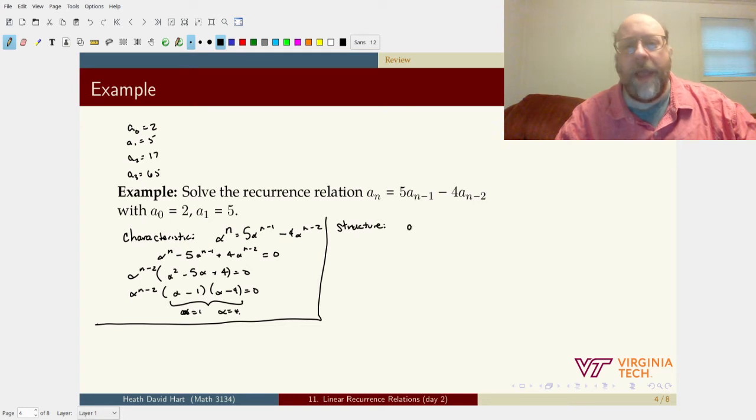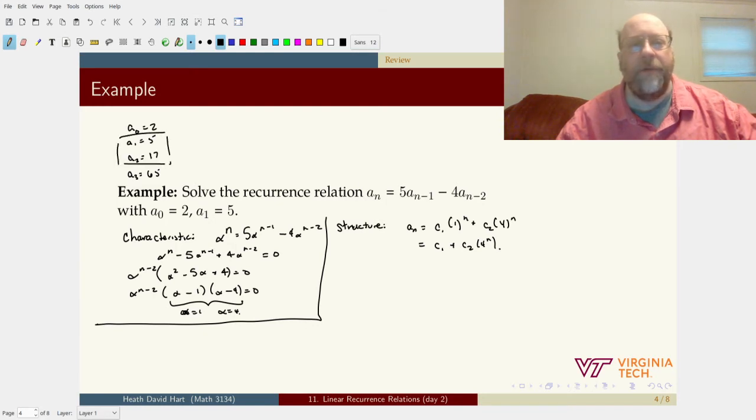And now we know that the structure is that a sub n is equal to some constant times 1 to the n plus some constant times 4 to the n, which simplifies to just c1 plus c2 times 4 to the n. We'll pick a couple of test cases here. Let's use a1 and a2, for example.